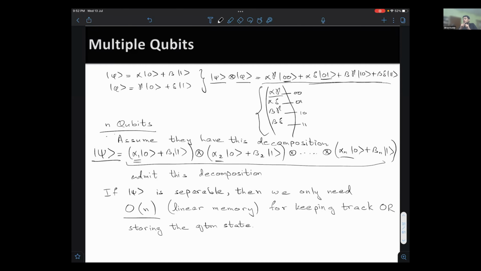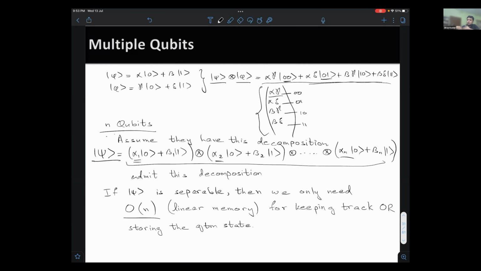So there's nothing interesting in some sense happening of quantum nature, in the sense of a quantum advantage, if my state has this decomposition where each of the n qubits can be written down as its own individual thing, and the joint state vector is the tensor product of everything together. Then what I have is linear memory complexity, or space complexity, for keeping track of this entire vector. This becomes interesting for the purpose of quantum computation, quantum simulations, and writing quantum programs as well.